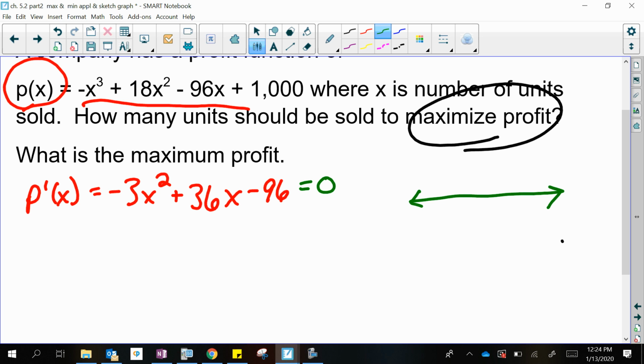Take out 3, and I'm going to take out a negative 3 like we talked about earlier. I like to have positive values to factor. So if I take out a negative 3, I get x squared minus 12x plus 32.